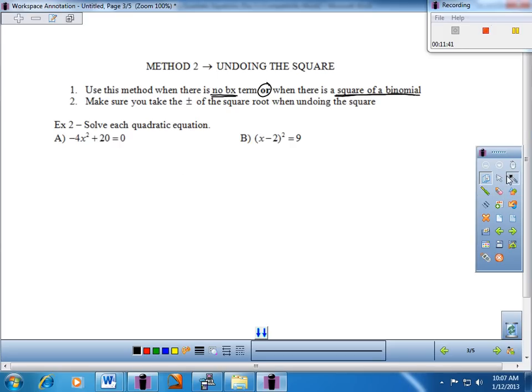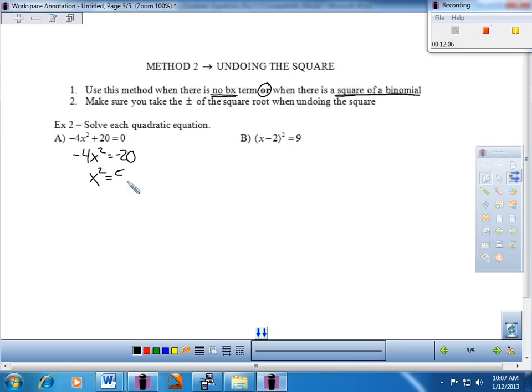So this would be a quadratic equation. Notice there's no middle term. There's no x term there. So that's what allows us to solve this in a more straightforward manner. Meaning, I'm just going to undo the operations. I'm going to undo adding 20 by subtracting 20 from both sides. I'm going to undo multiplication by 4 by dividing by 4.